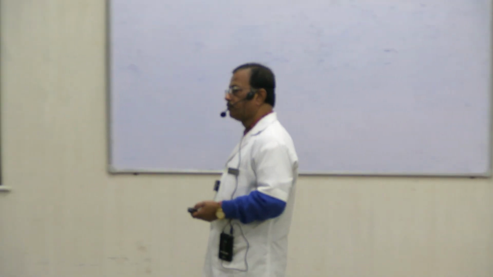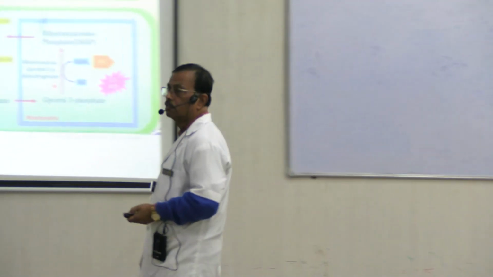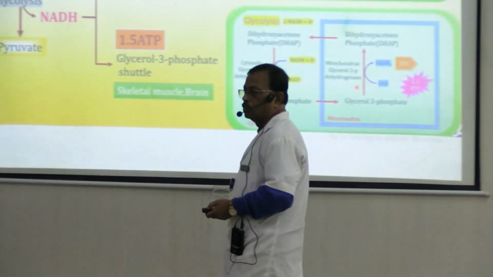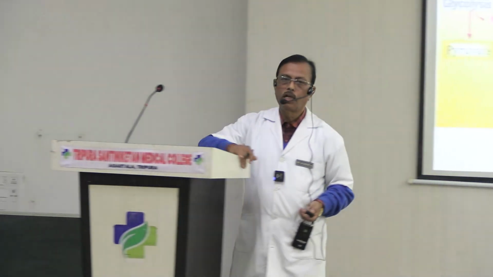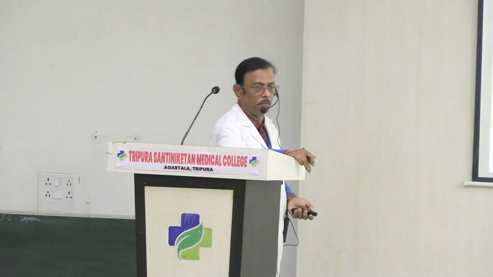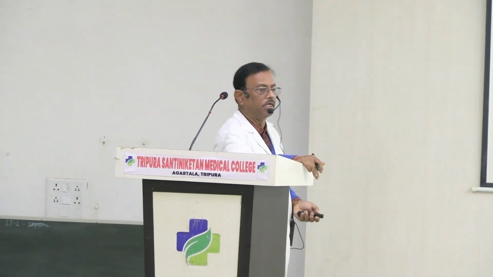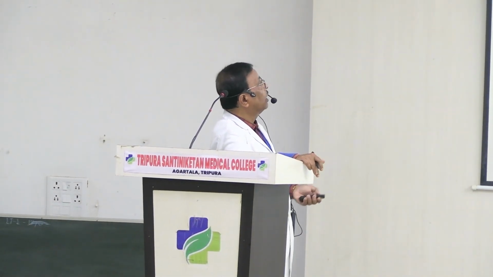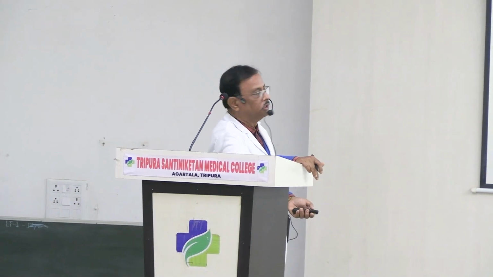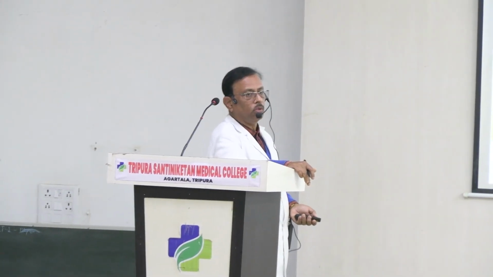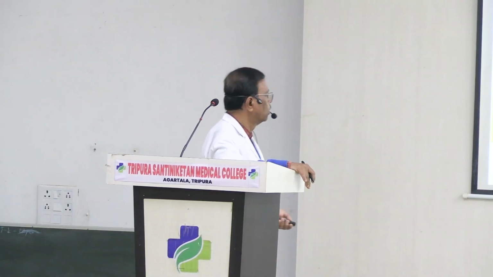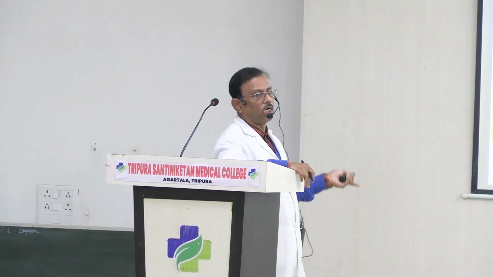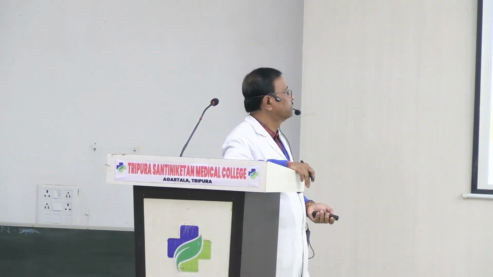They are having some different mechanism of shifting these reducing equivalent inside the mitochondrial matrix. Here are the shuttle systems which are being used to transfer the reducing equivalents from cytosol to the mitochondrial matrix.